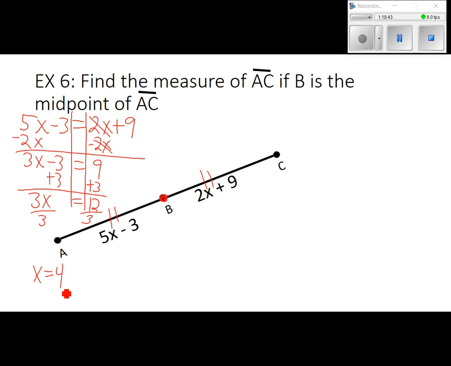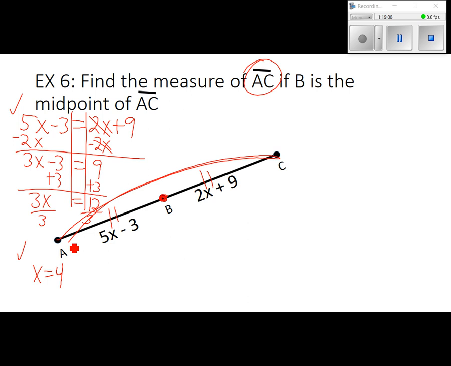This problem was on a test. You get a point for setting up the equation, a point for finding x, and another point for actually answering the question, which was the length of segment AC. AC this time is this whole thing. Whenever you're plugging in, make it as easy as possible on yourself.